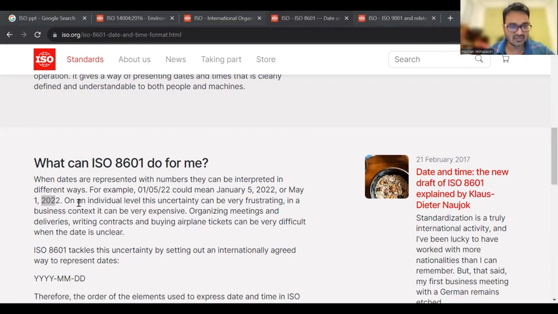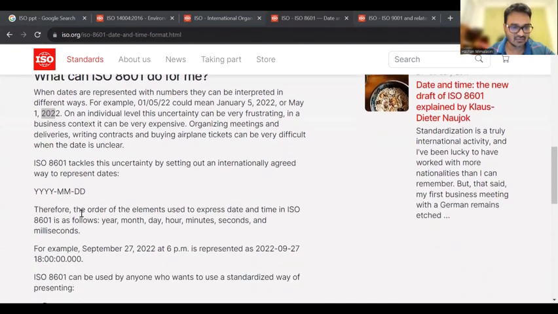On an individual level, uncertainty can be frustrating. So this sometimes becomes a problem.